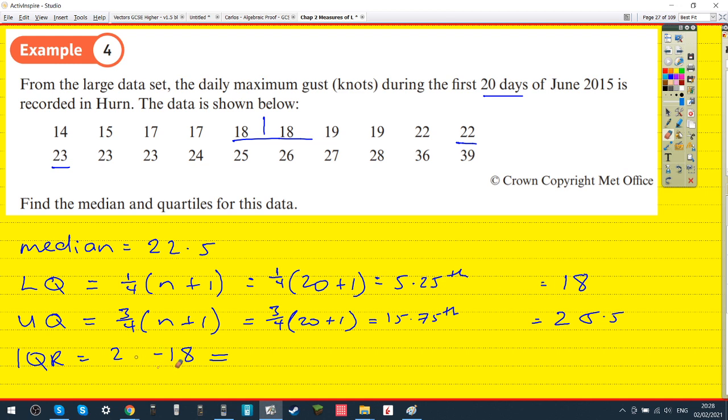Okay. Let me see. 25.5. That's 7.5. However, I think it's about to get a bit more sophisticated. You know the way this was 15.75? Because that's in between 25 and 26, we just estimated that to be 25.5, but I think we will now say it's 25.75, because it was 3/4 of the way between.